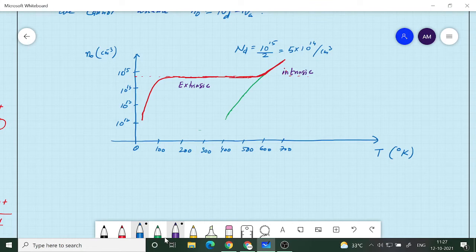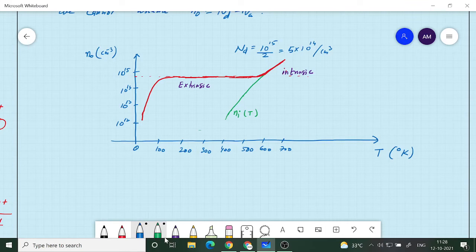So N0 at a very high temperature can go to the intrinsic region where it is mostly determined by Ni. As T increases, Ni will exponentially increase. At around 500-600 degrees Kelvin, Ni is going to be larger than 10 raised to 14, 10 raised to 15, and therefore that will decide your N0.